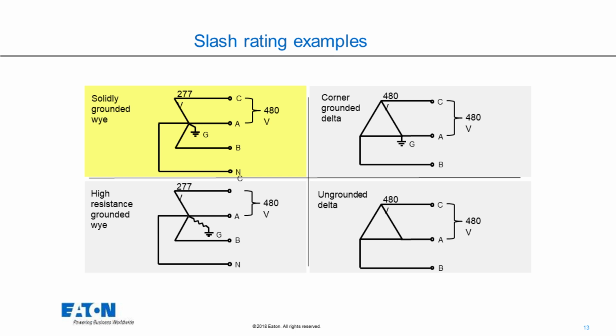So now from phase B and phase A, we have a nominal voltage of 480 volts to ground. And so if a second fault occurs on A or B, then you're trying to clear 480 with a single pole on a slash-rated device. And slash-rated devices are not intended to clear line-to-line voltage with one pole. So we can't put them on a high-resistance grounded system either.